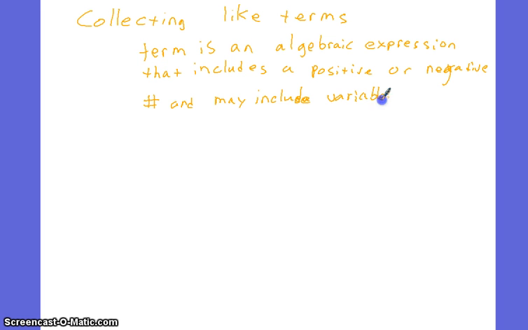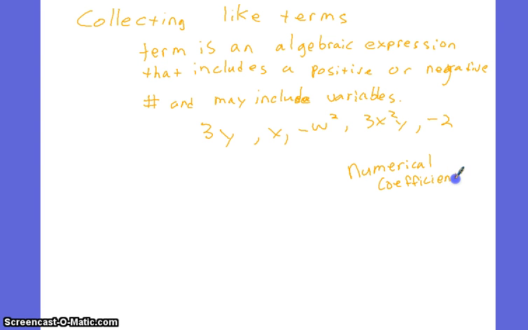So lots of stuff going on here. May include variables. So for example, we have 3y as a term, x, negative w squared, 3x squared y, negative 2.